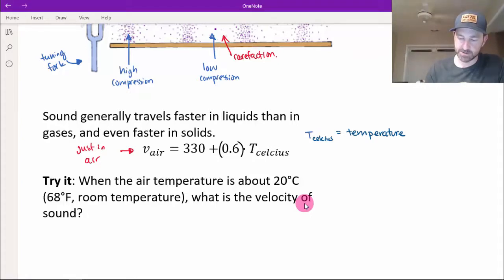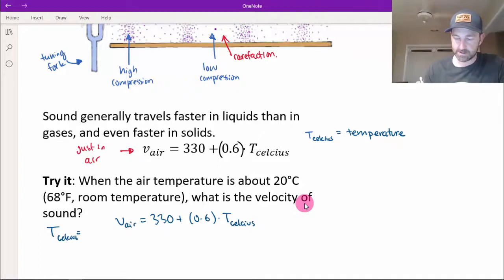I'll go and rewrite the equation. Velocity of sound in air is going to be 330 plus 0.6 times the temperature in Celsius. I always think there's like another S in Celsius. I'm terrible at spelling.